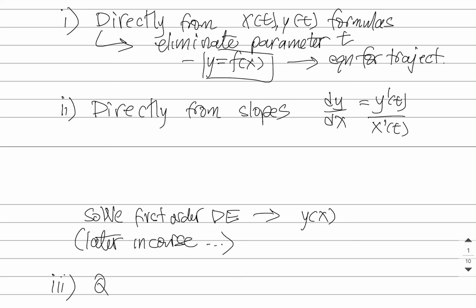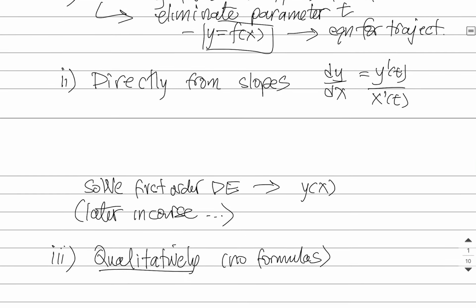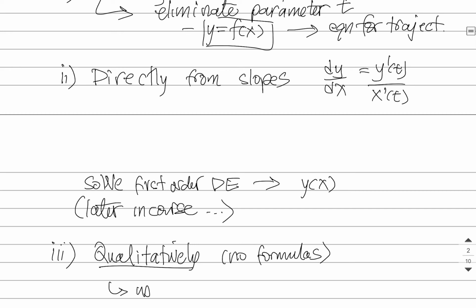Now, another way to deal with phase plane trajectories is to talk about them qualitatively. Qualitatively means no formulas. We won't be able to come up with any formulas of any kind, but what we will do is use the eigenvalues and the eigenvectors to sketch out the trajectories.